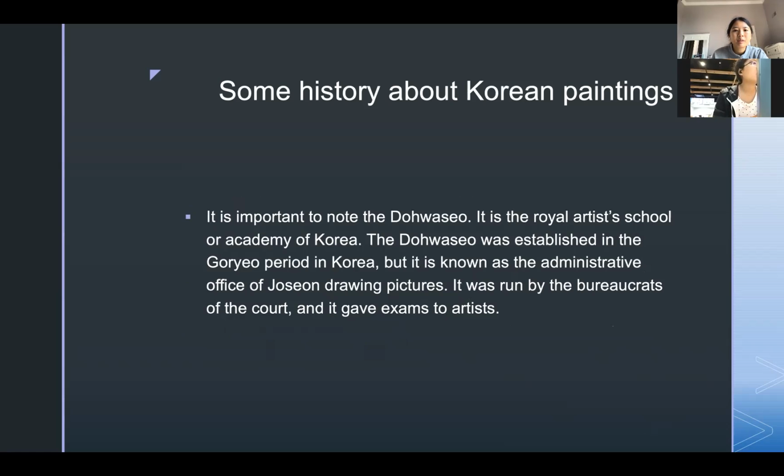It is important to note the Do Hwa So. It is the Royal Artist School or Academy of Korea. The Do Hwa So was established in the Goryeo period in Korea, but it is known as the Administrative Office of Joseon Drawing Pictures. It was run by bureaucrats of the court, and it gave exams to artists.